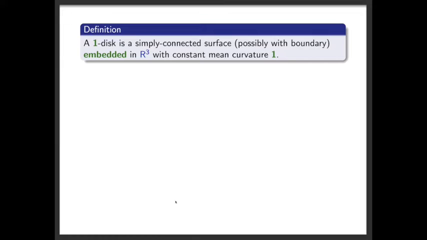We're going to fix the mean curvature to be 1, because by scaling we can get any non-zero value of the mean curvature. So whatever I say related to constant mean curvature 1 has an analogous result for H non-zero. And I'm going to call a 1-disk a simply connected surface embedded in R3 with constant mean curvature 1.